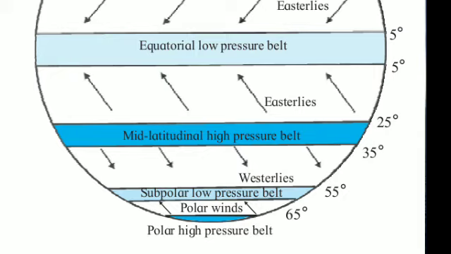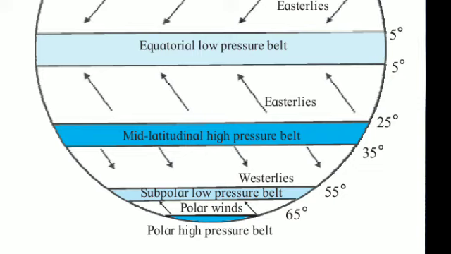In both hemispheres, students, the latitude is 80 to 90 degrees, in the south and in the north also. So it is very cold over here. The air pressure is always high. That's why the pressure belt formed over here is the polar high pressure belt.